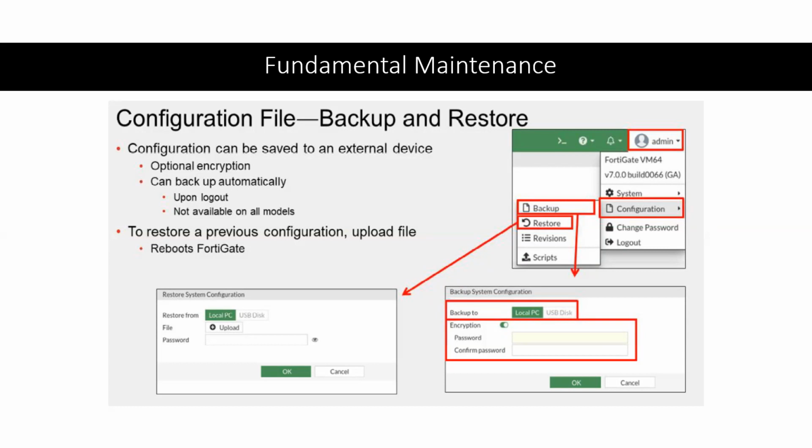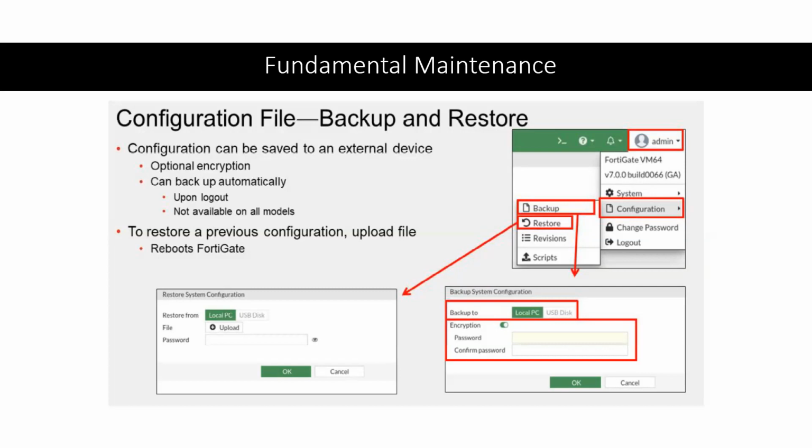So let's talk about a configuration file, backup and restore. The configuration file can be saved to an external device, so you can plug in an external hard drive or a USB. It is optional whether you want to encrypt the configuration file you're backing up. You can set it to back up automatically or not, using scripts or what have you.